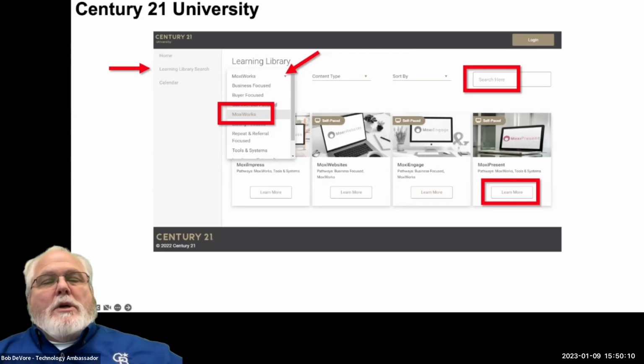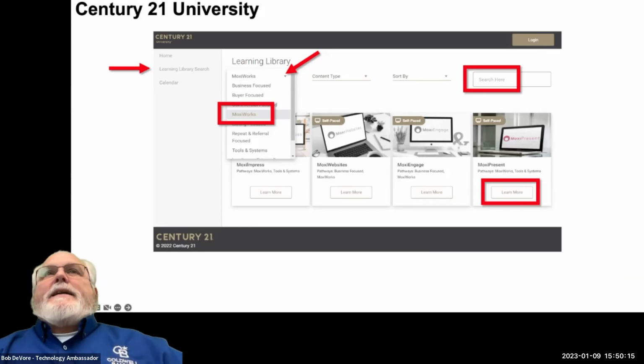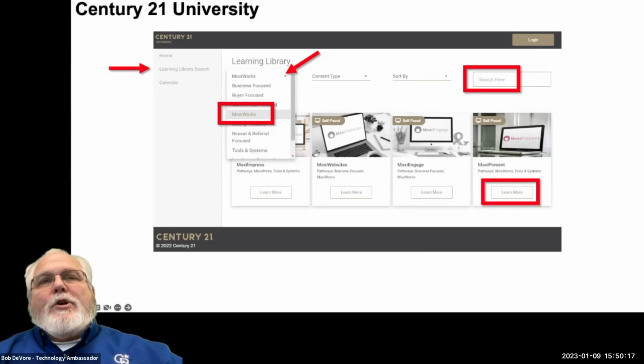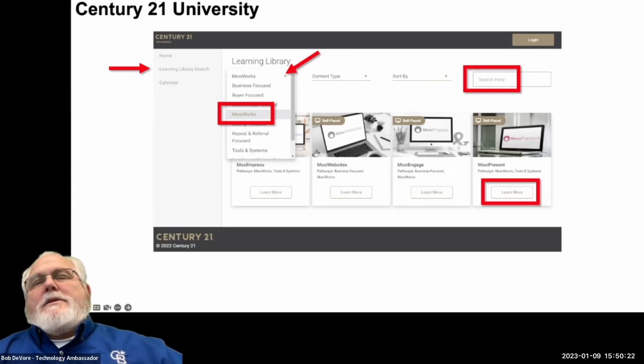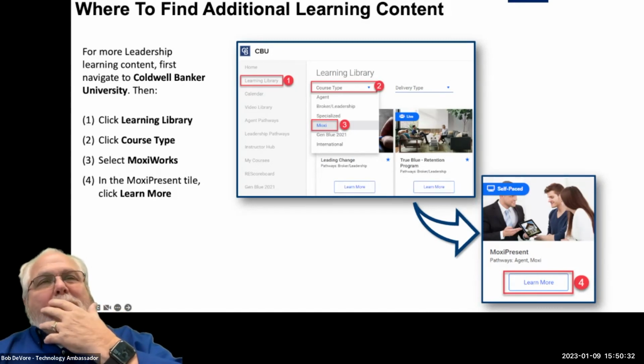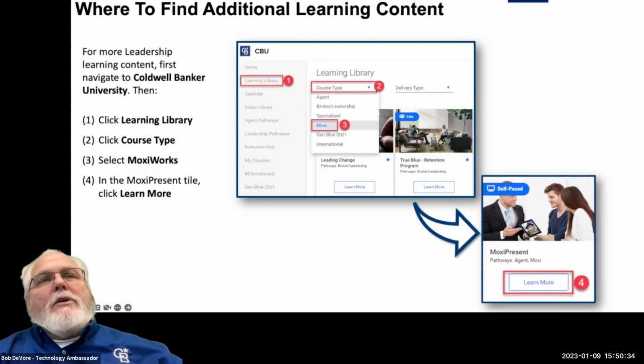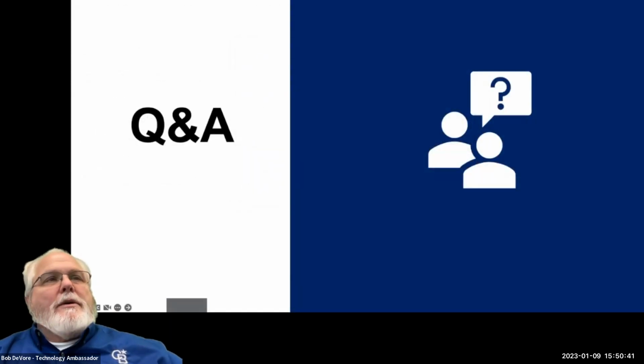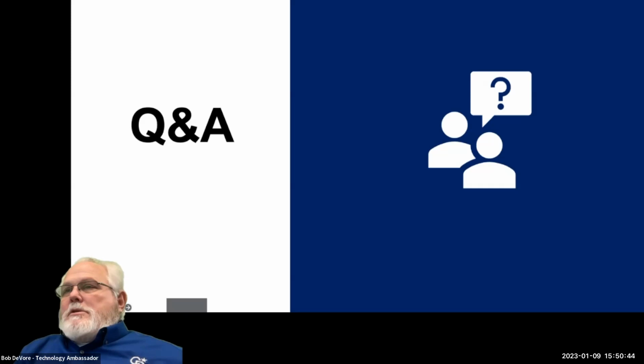So, everything I do is available. I'm just trying to make it as easy as I can for you to be able to grasp. This is just so cool. What can I tell you? And it does give you the ability to, if you click on the hamburger when you're in C21 University, click on learning library and you can do a search in it as well. And again, it works the same on both. Okay? Any other questions?